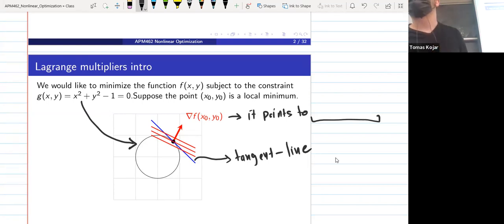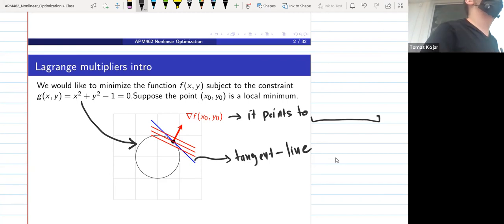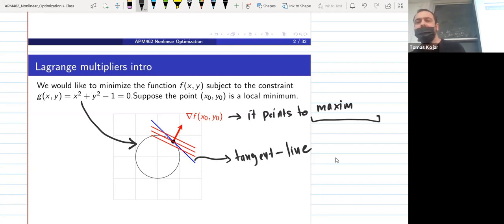The maximum what? Yeah, exactly, I'll put it your way. The maximum increase. It's the direction in which the function increases the most.